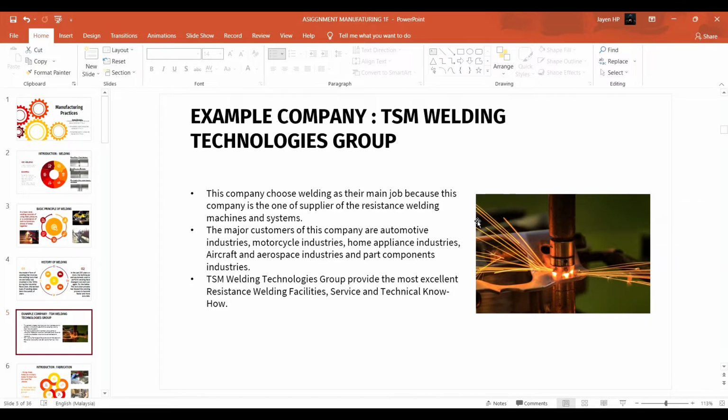The major customers of the company are the automotive industry, motorcycle industry, home appliance industries, aircraft and aerospace industries, and parts and components industries. TSM Welding Technologies Group provides the most excellent resistance welding facilities, service, and technical know-how.